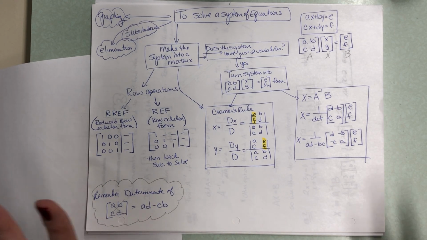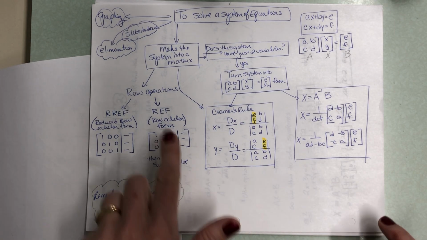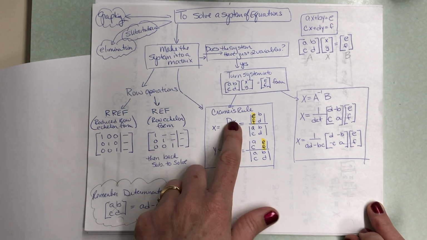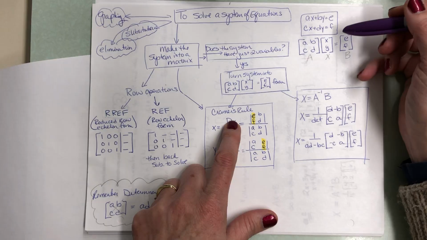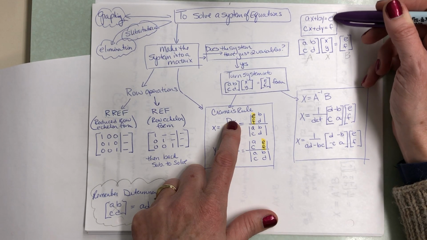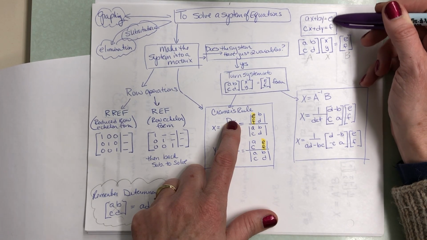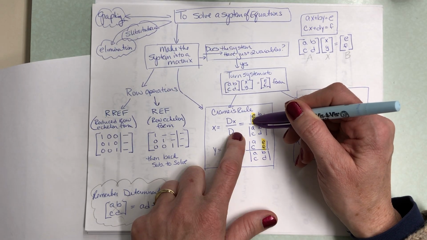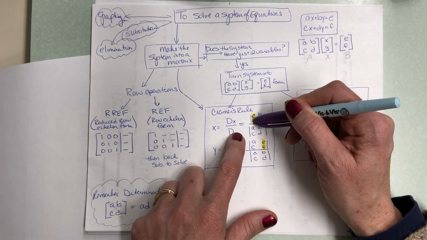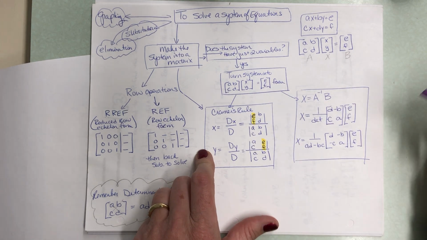But we do have some other methods that we can use to solve a system, a matrix. We can use Cramer's rule. And what Cramer's rule says is if you take E and F, your answers, the numbers that are here in E and F, and substitute them in for those values, and then find the determinant, you can solve for X and Y, which is great.